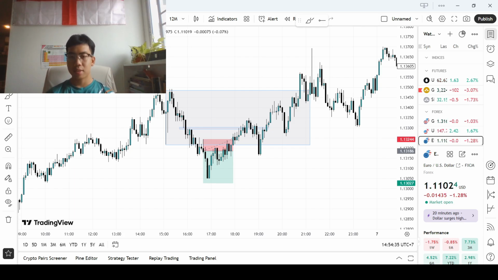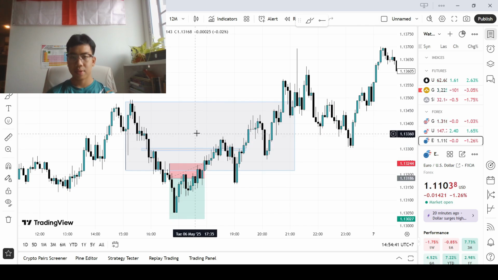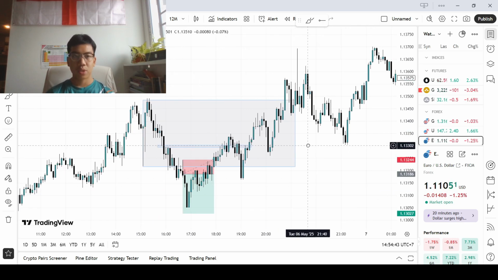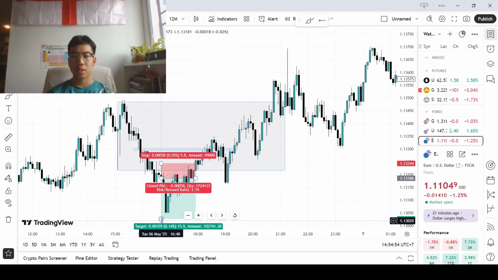So this is the trade that I took on the 6th of this month, which was a trade on Euro USD, and I took it around 4.5.